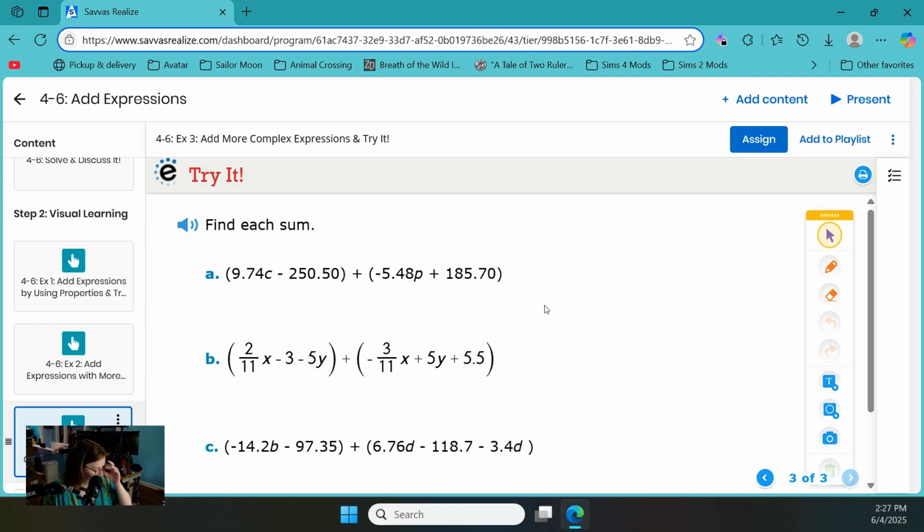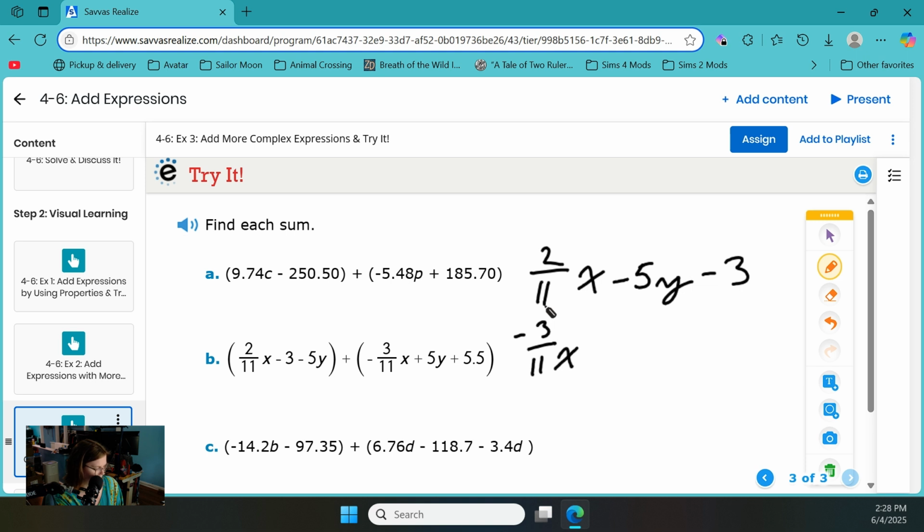So I'm going to solve part B vertically as well. So we've got 2/11 x minus 5y minus 3. Then our second expression has negative 3/11 x plus 5y plus 5.5.